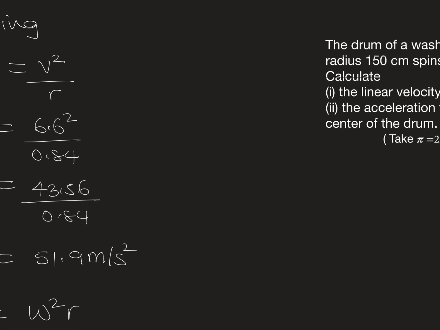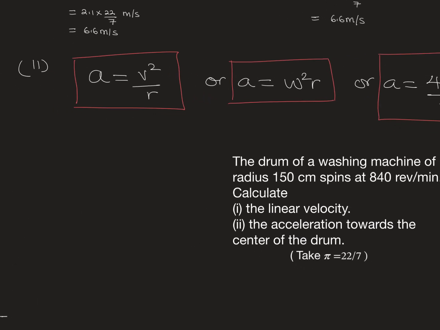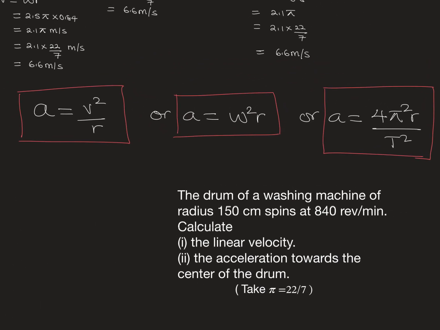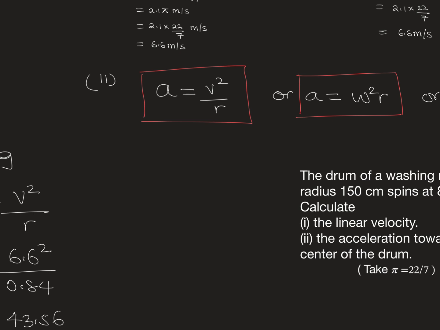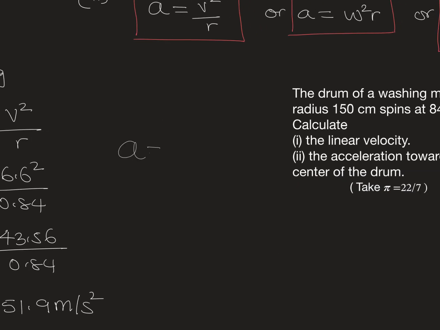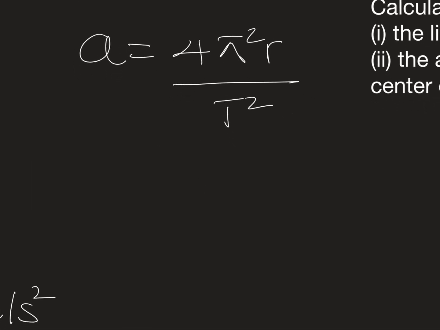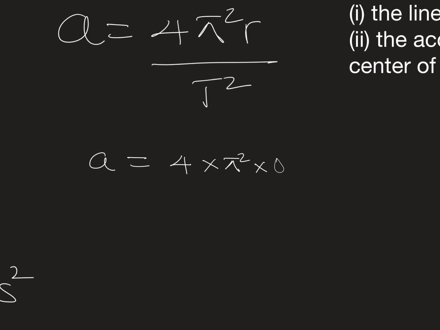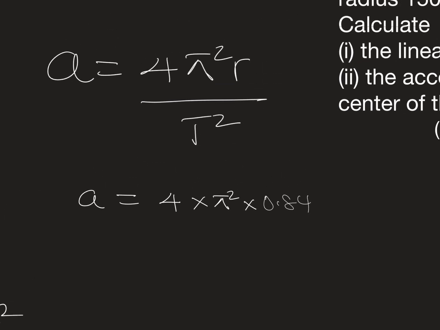And finally, if we want to use acceleration is equal to 4 pi squared r divided by t squared, here we go. We'll have acceleration is equal to 4 times pi squared times r, that is the radius 0.84, divided by the period.